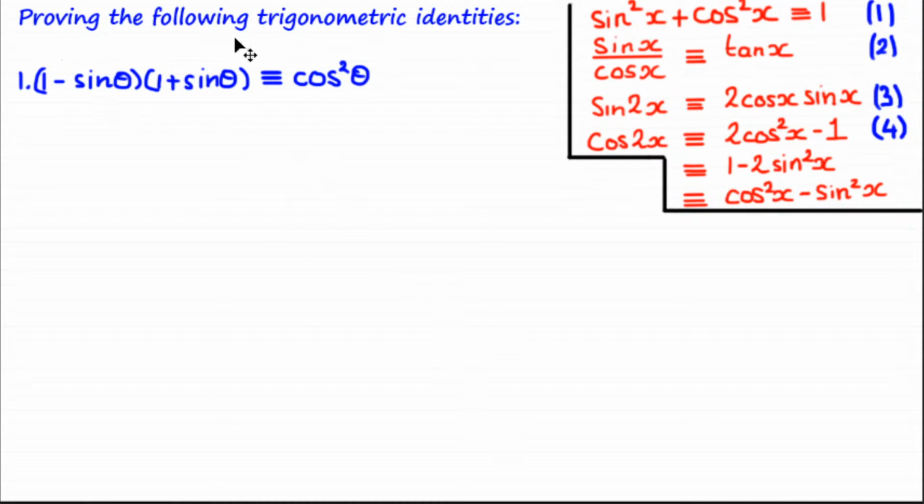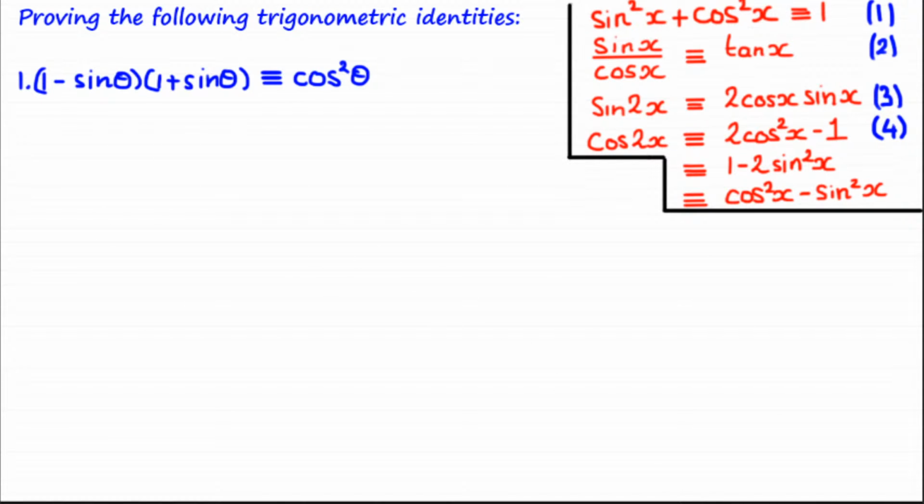Proving a trig identity uses this definition here. The word I used for this before was equivalent, which means you can prove from left hand side to right hand side and vice versa. You can also prove that the right hand side is equivalent to the left hand side. But for the general purpose of today, most of the time we're going to be proving from left to right.